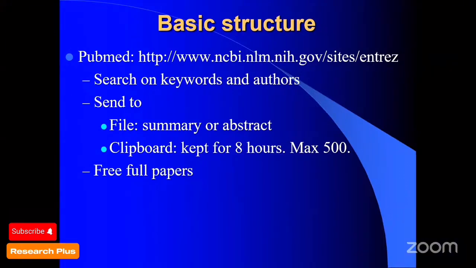It can give you a fairly good amount of titles and abstracts of studies related to your work, and there are also some free papers you can access through the PubMed platform.